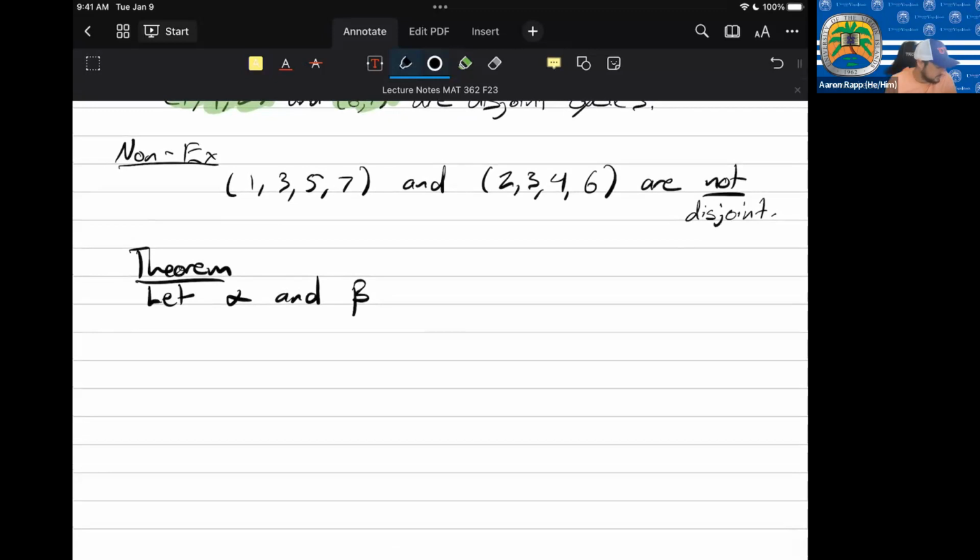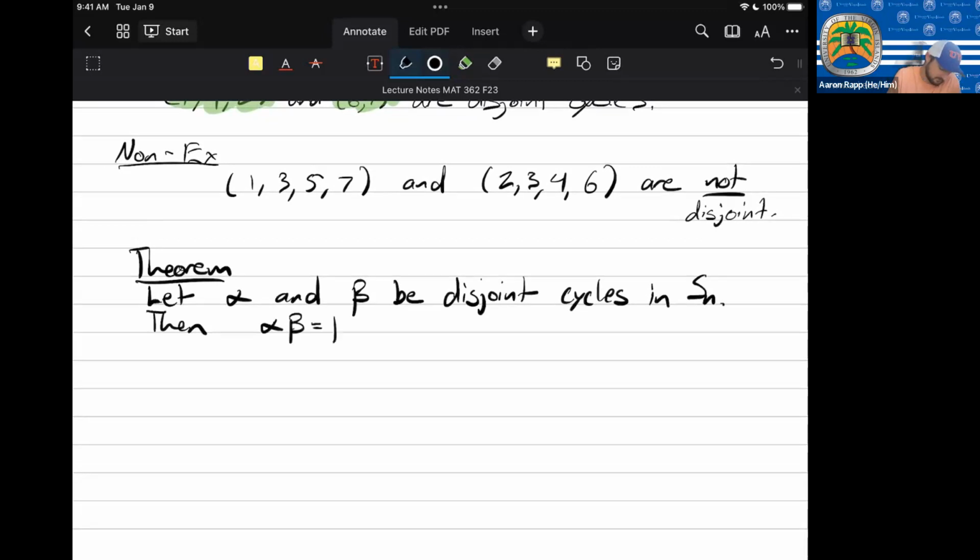And that leads into this next theorem, which just says let alpha and beta be disjoint cycles in Sn. And if those 2 cycles are disjoint, then they commute. It does not matter which cycle I write first, the outcomes will always be the same.